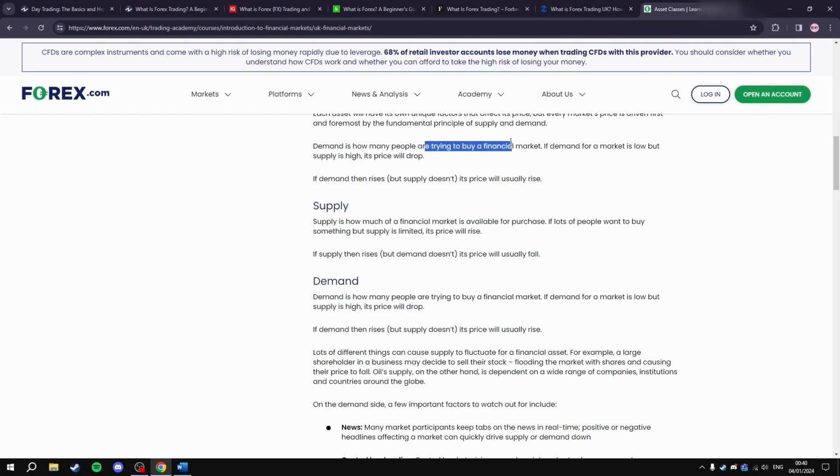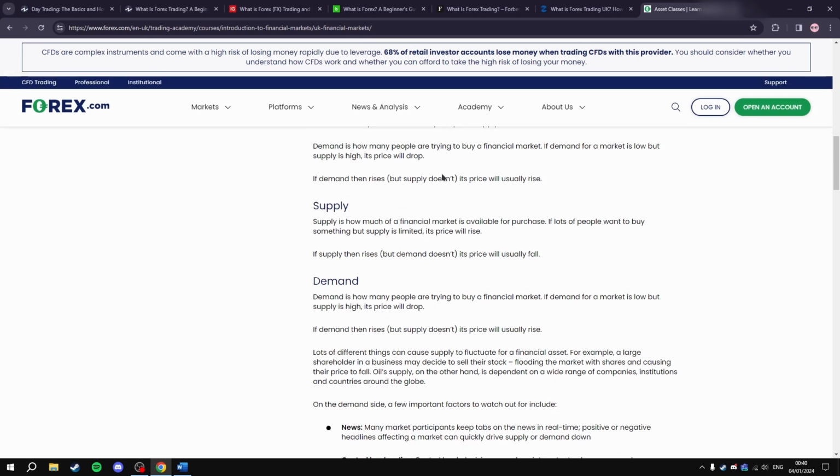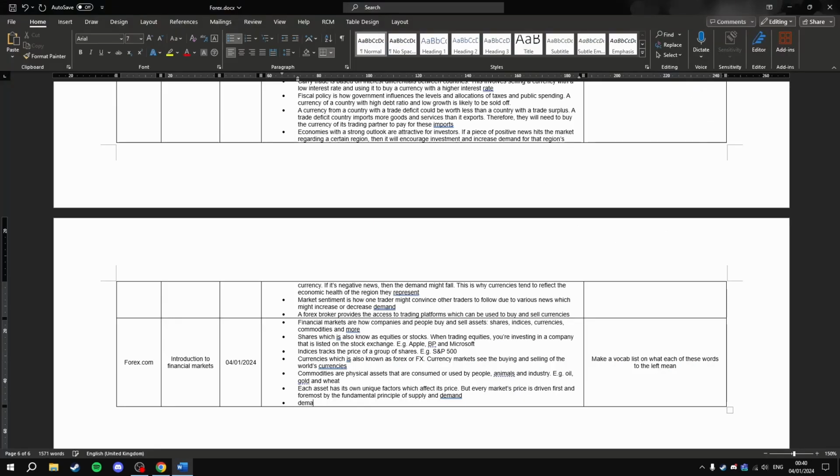Demand is how many people are trying to buy a financial market.